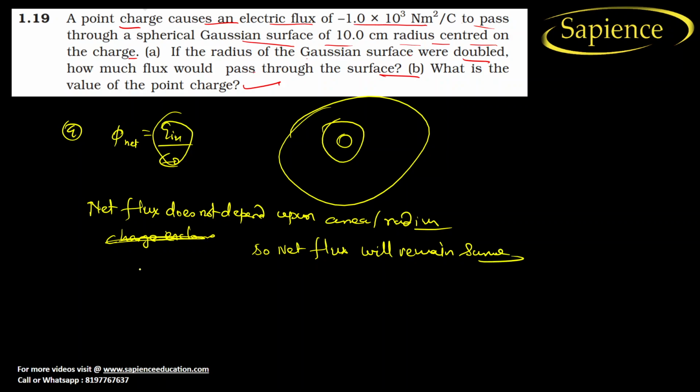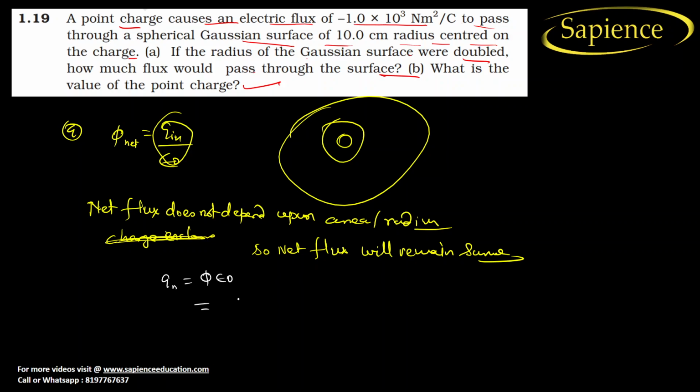Now, what is the value of the point charge? They have provided you everything, so we need to find the value of the point charge. So let's solve this one. q is equal to phi into epsilon naught.